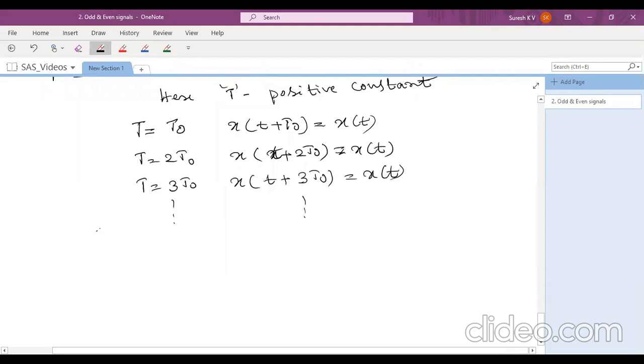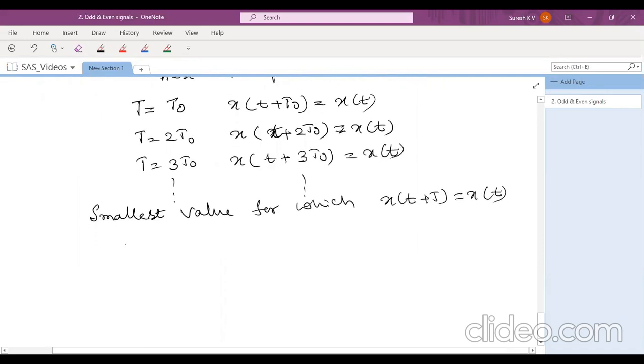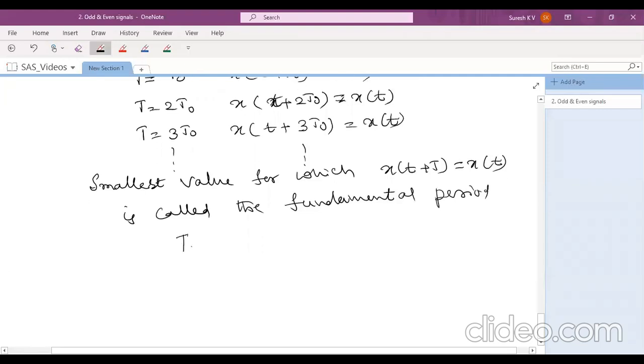However, the smallest value for which x of t plus T is equal to x of t is called the fundamental period. So in this case, T naught is the fundamental period.